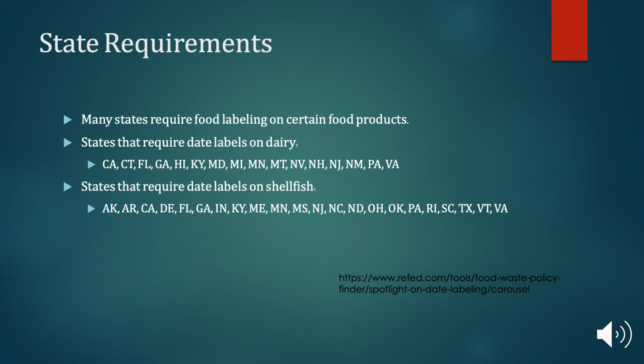And states that require date labels on shellfish are Alaska, Arkansas, California, Delaware, Florida, Georgia, Indiana, Kentucky, Maine, Minnesota, Mississippi, New Jersey, North Carolina, North Dakota, Ohio, Oklahoma, Pennsylvania, Rhode Island, South Carolina, Texas, Vermont, and Virginia. Other major products that states require labels include eggs, sandwiches, infant formula, hazardous foods, perishables, and meat.